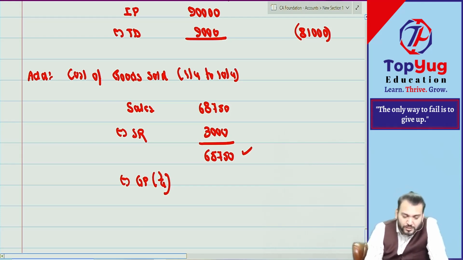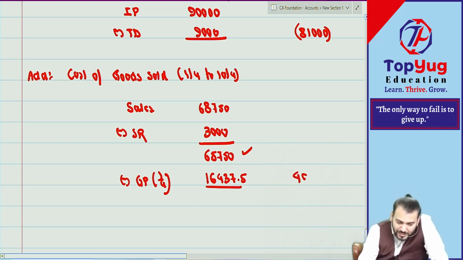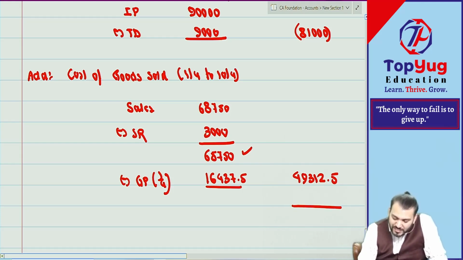Calculate 1 by 4 of this: it is 16,437.5. So this becomes the cost of goods sold during that period. Cost of goods sold is 49,312.5. Understood?